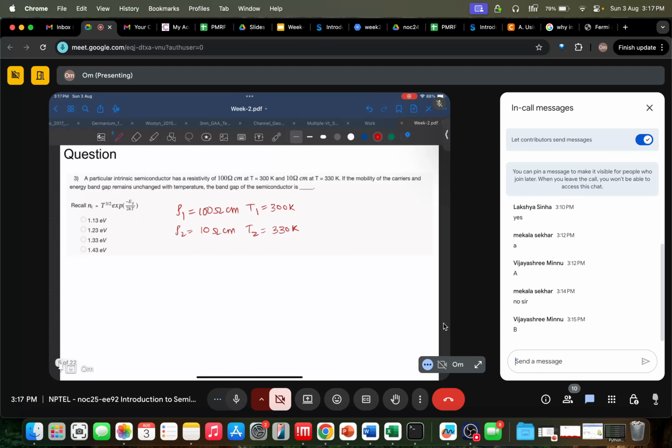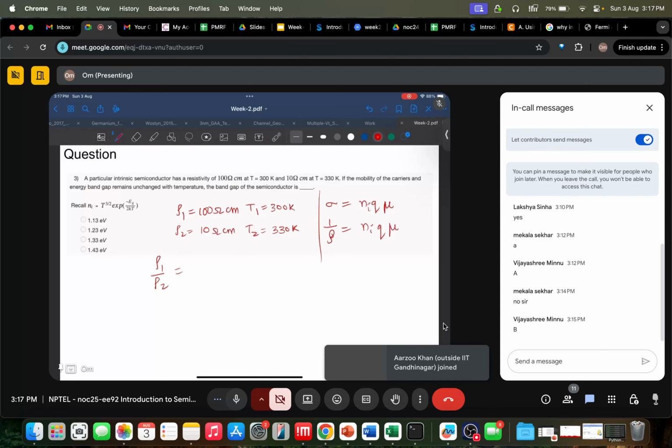Okay, so we know that the conductivity sigma equals nq mu, or I can write it as 1 by rho, and for intrinsic it will be ni q mu. So we can write rho 1 by rho 2 equals ni2 by ni1.